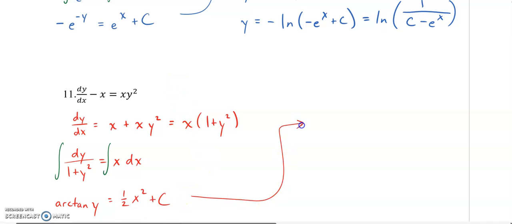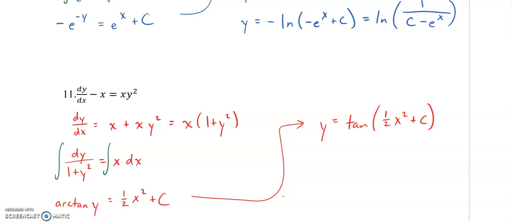Solving for y, all we've got to do is take the tangent of both sides and we're done. Tangent of, make sure you put that whole thing in parentheses. We're taking the tangent of the entire expression 1/2 x squared plus c. Not much else you can do with that. Again, these are all general solutions because we're not given an initial value, so we can't solve for the constant of integration. So we'll just leave these with a c in the problem.